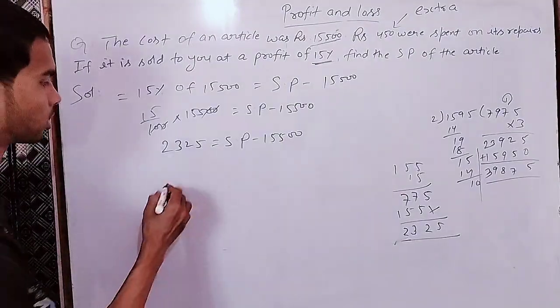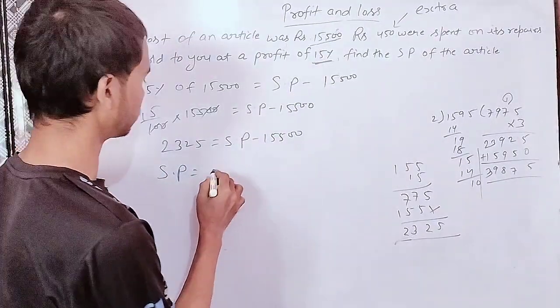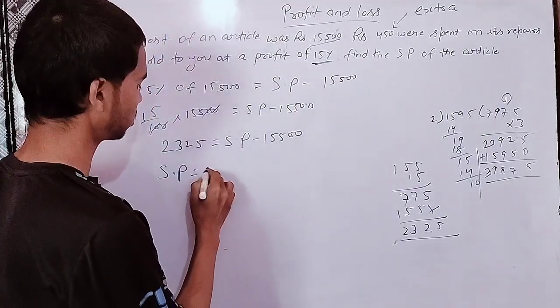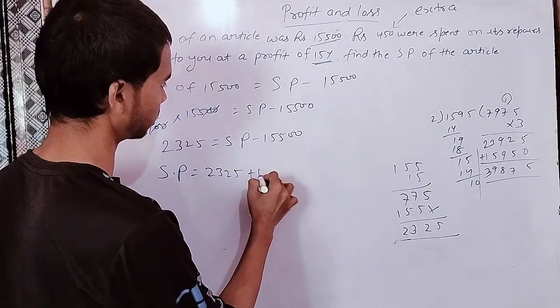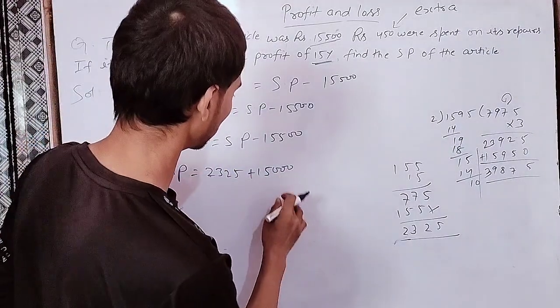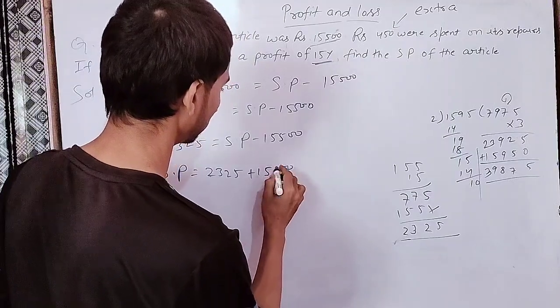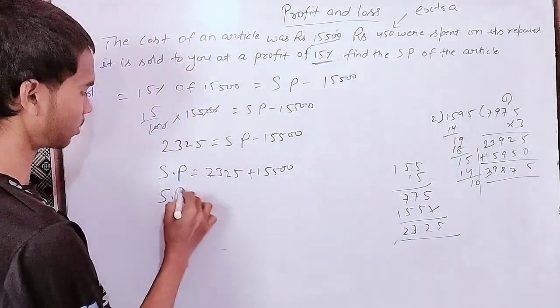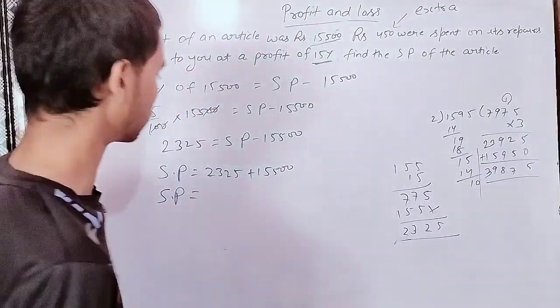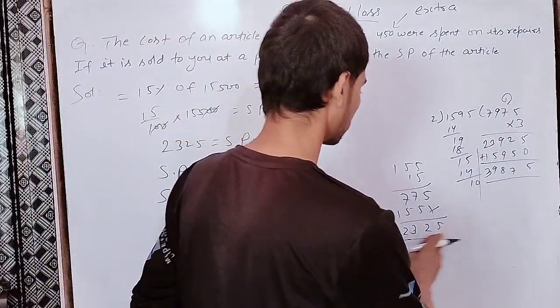Then here, what? SP, which is 2, 3 to 5, and then addition. Okay, this is 5. It's time to sum these two.